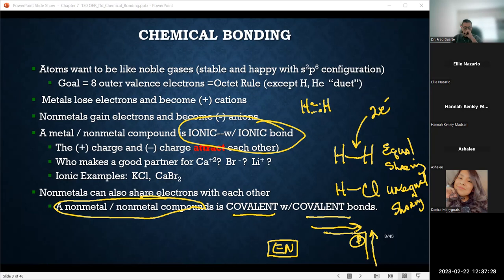So to determine who's more electronegative in the bond, in this example we have hydrogen, which is on the far left of the table, and chlorine, which is right below fluorine. Chlorine is a lot more electronegative. Therefore, the electrons are being pulled toward the chlorine more than toward the hydrogen.